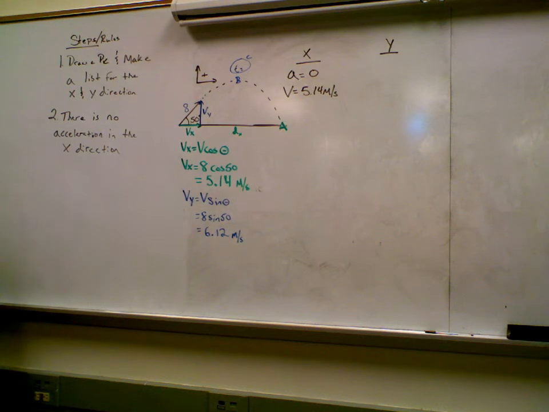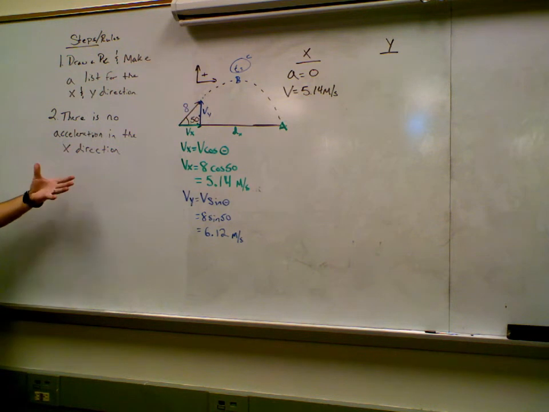Okay, my voice got a little louder there. Because students always want to do an acceleration in the x direction. Okay, maybe we should take notes. Get something out, go with paper. So, there is no acceleration in the x direction.